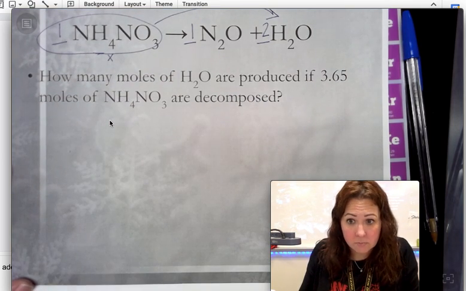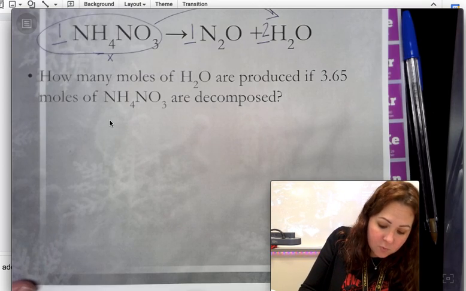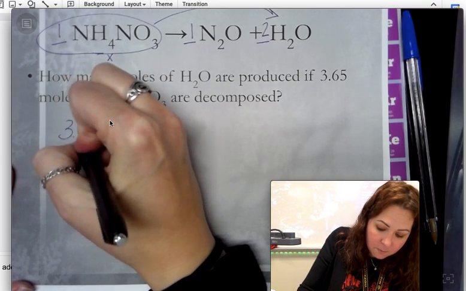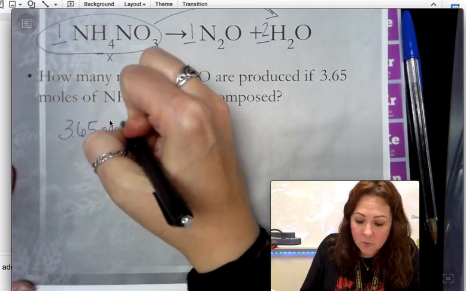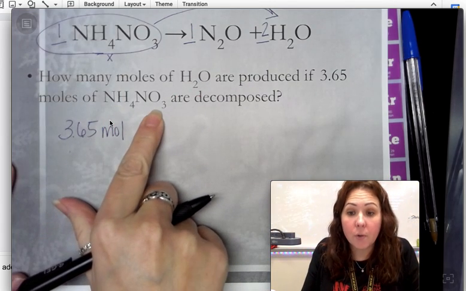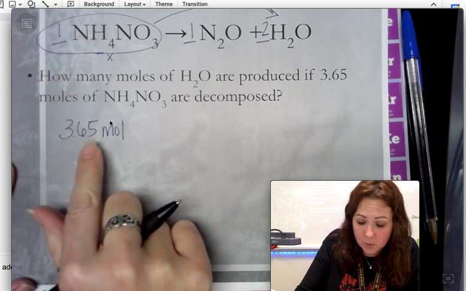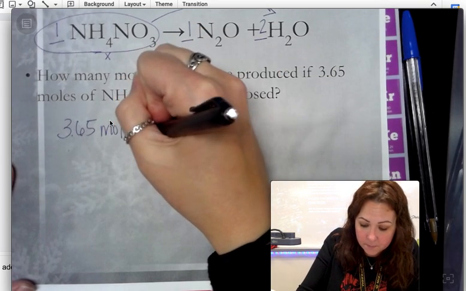Always, always, always, always start with the number that's given in the question. We have 3.65 moles. And before, when we were doing mole conversions, we typically didn't write out the formula. You're going to want to do that now because I specifically have moles of ammonium nitrate.